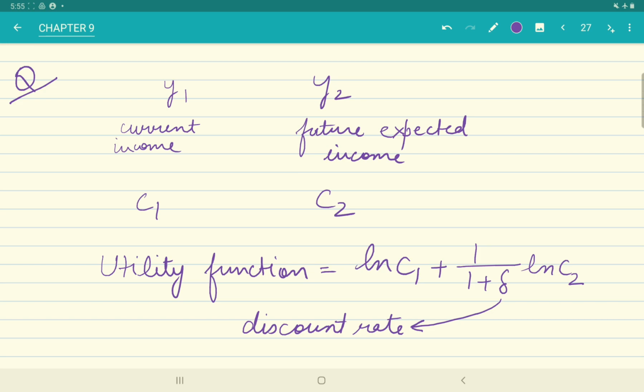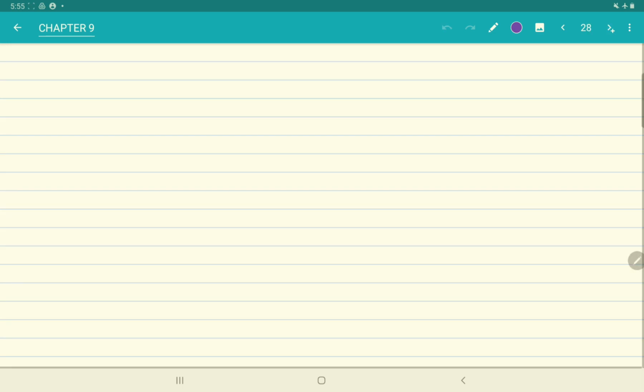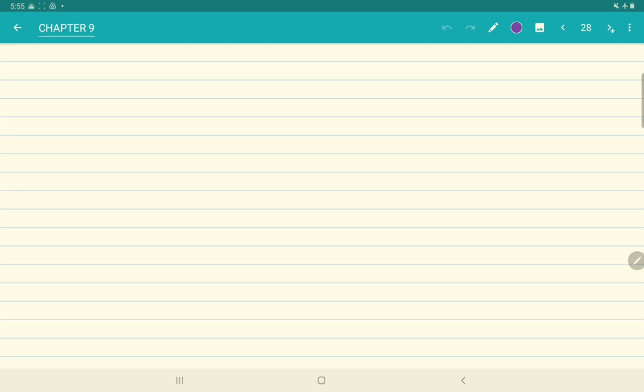Let's say in the current period she borrows. If she borrows, that just means that her income is not able to meet her consumption, in the sense that C1 is greater than Y1. If she borrows now, she will have to repay the loan amount along with interest in the future.